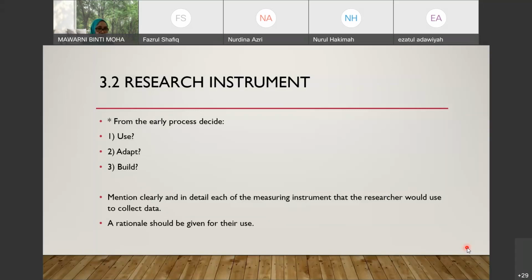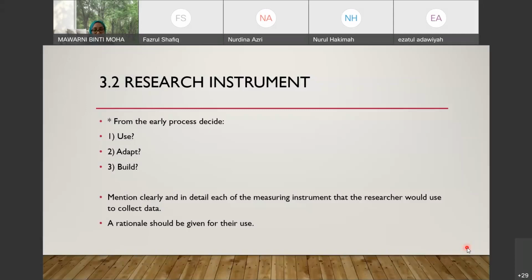To build, I would suggest don't build your instruments unless you are doing qualitative, where you want to interview. So you build the questions based on a lot of things, background or the research or the theory. The instrument, you not just click to your mind and say, oh, this is what I want to do. It has to be relevant to chapter 2 and chapter 1, what are your issues, what are the problems, what you want to identify, the objectives, to answer your research questions.